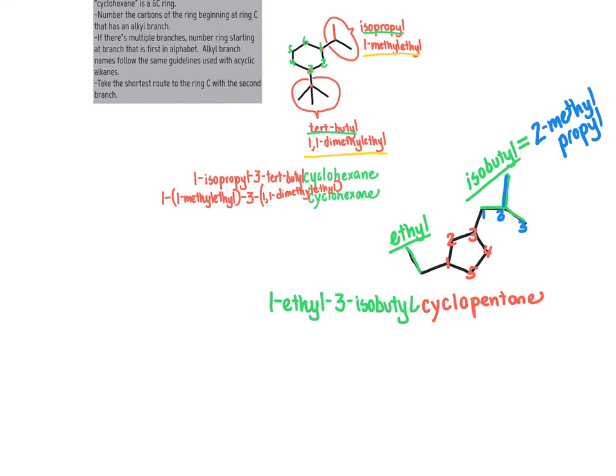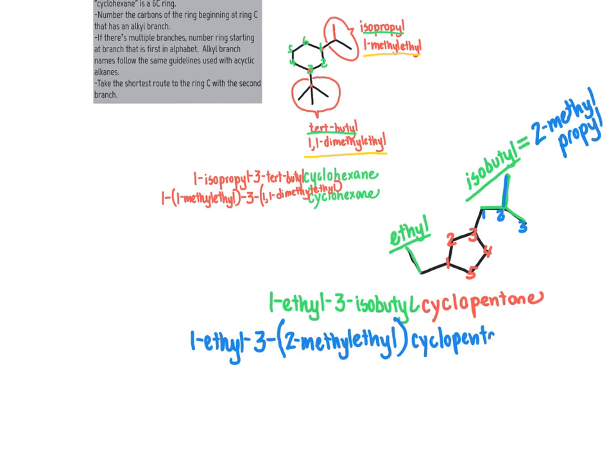So we could alternatively refer to this molecule, again, going in alphabetical order with 1-ethyl, and then at position 3, we do 3, dash, and then in parentheses, we indicate that we have a 2-methylpropyl group. And then end parenthesis, and the term cyclopentane. And that's going to wrap up the name for this molecule.